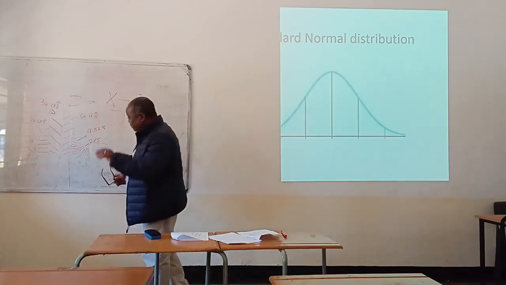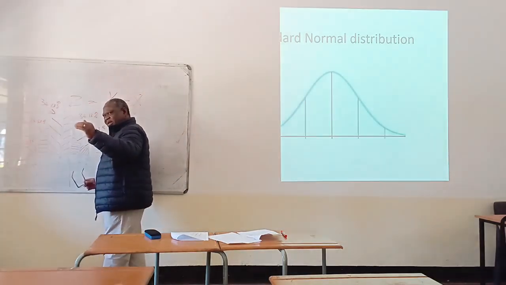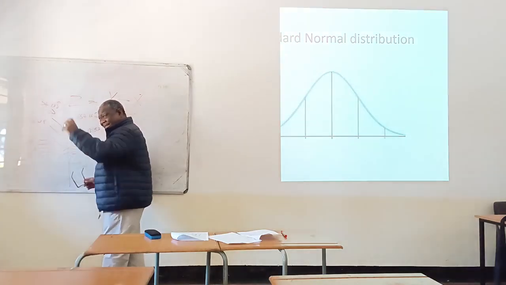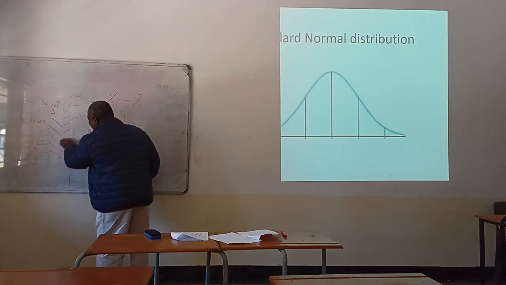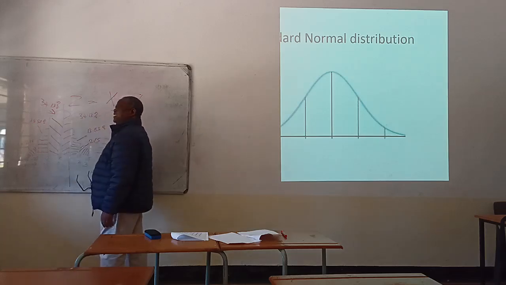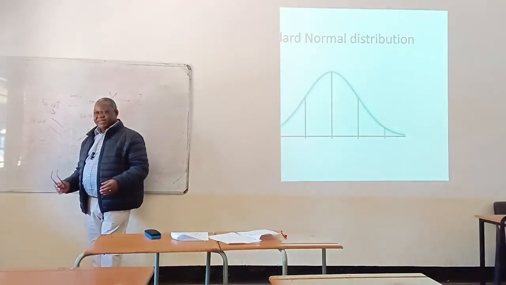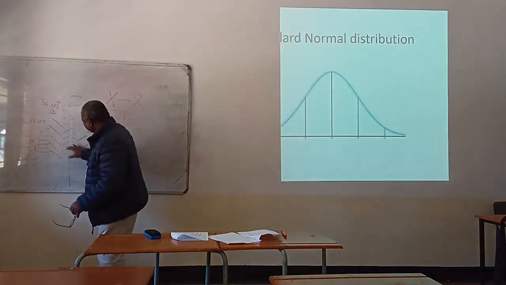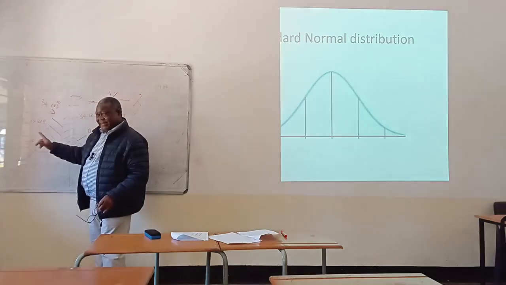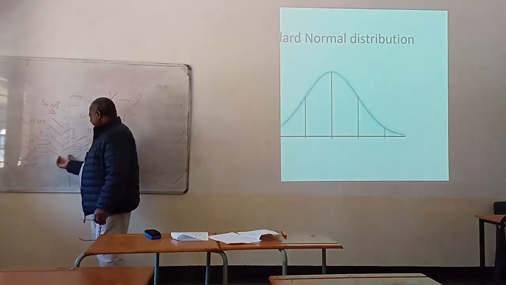What that table is showing you is that this area, it says between Z and the mean, between Z, which is 1, and the mean. This area contains a proportion of scores which is 0.3413.